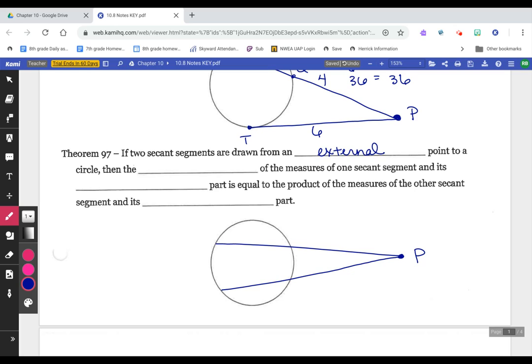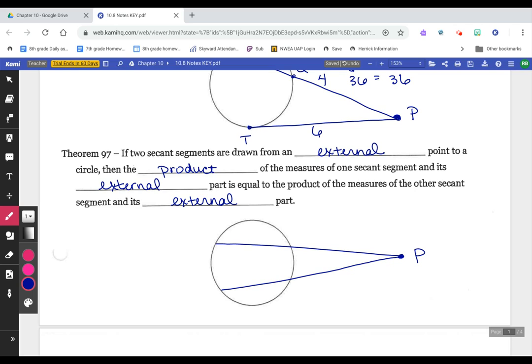Okay, so if two secant segments are drawn from an external point to a circle, then the product of the measures of one secant segment and its external part is equal to the product of the measure of the other secant segment and its external part.